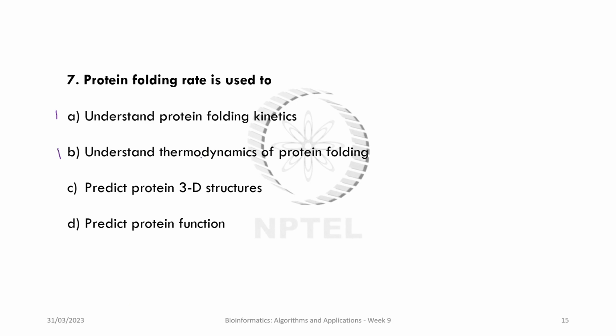So we all agree that it's not C or D, right? I would argue it's not thermodynamics because in protein folding rate, we are not worried about bond energies or change in free energy or interaction and other aspects of protein folding, right?